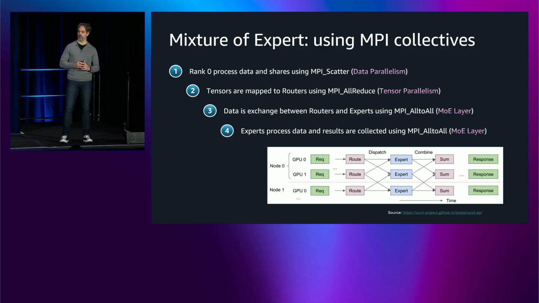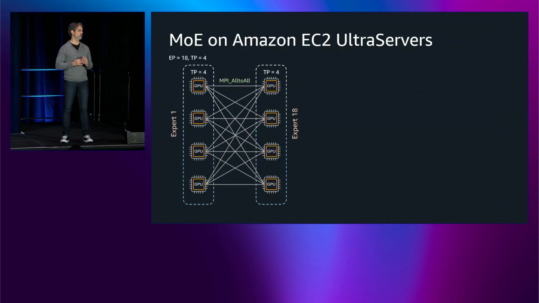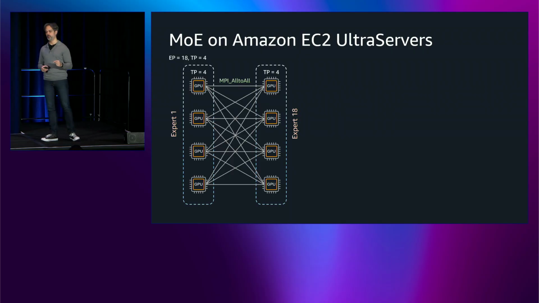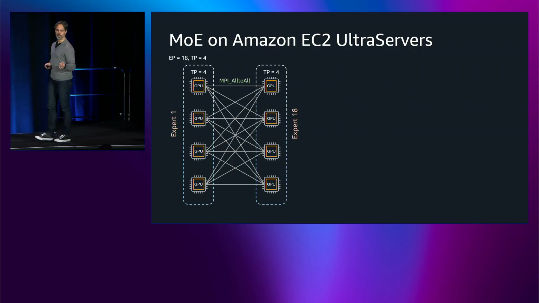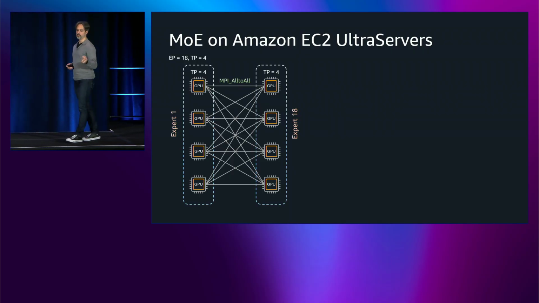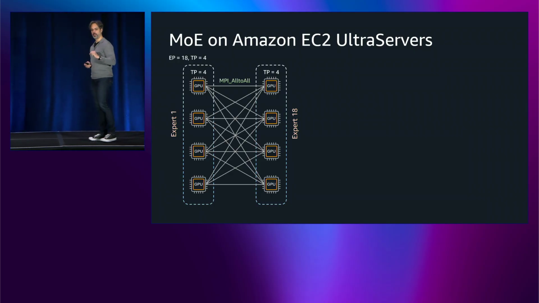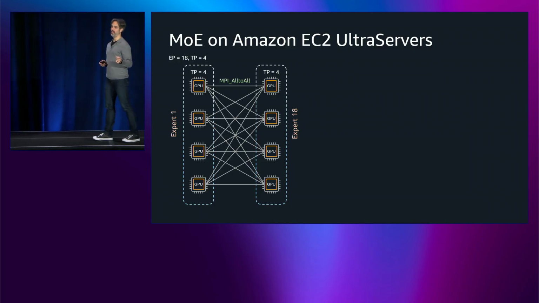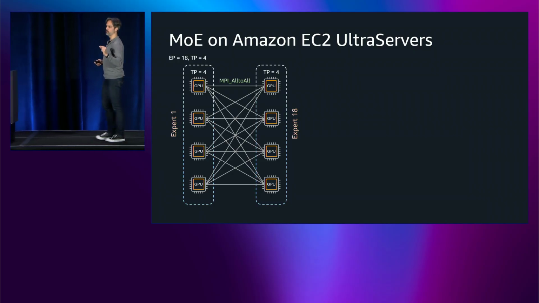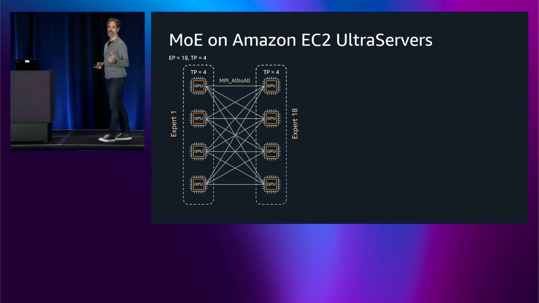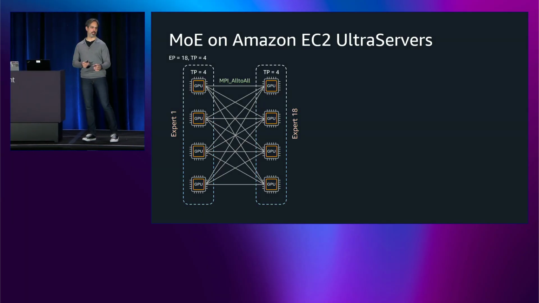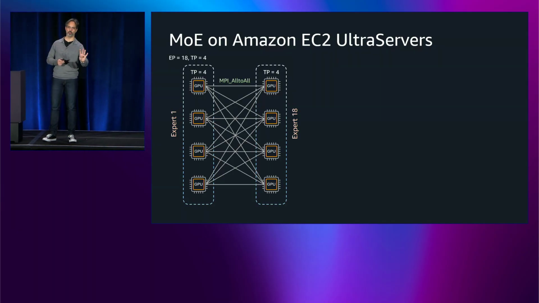Okay, how does that map to the UltraServers and to those Ultra clusters, which are the interconnect of everything together? On the UltraServers, if you're creating your model and enabling the mixture of experts, you can define expert parallelism equal 18, meaning you're defining every single server on an UltraServer as a single expert, and your expert will have access to 4 GPUs.